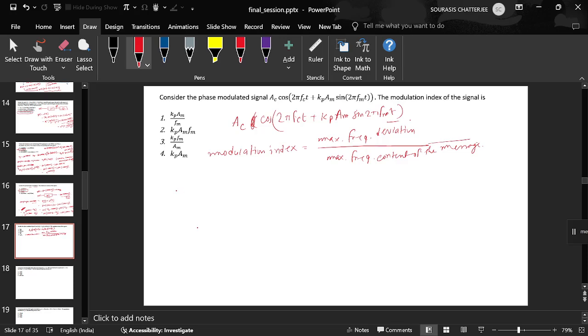Now from this expression we can see the instantaneous phase is given as 2 pi fc t plus kp Am sine 2 pi fm t. The instantaneous frequency is going to be d/dt of theta_i times 1 over 2 pi.